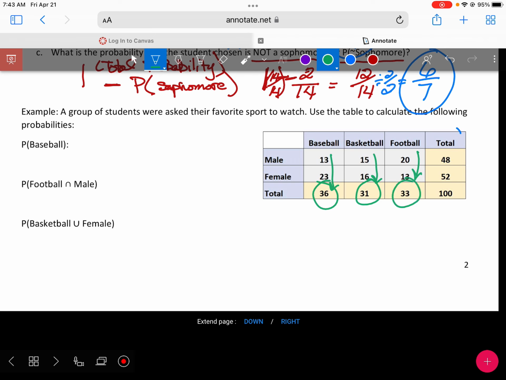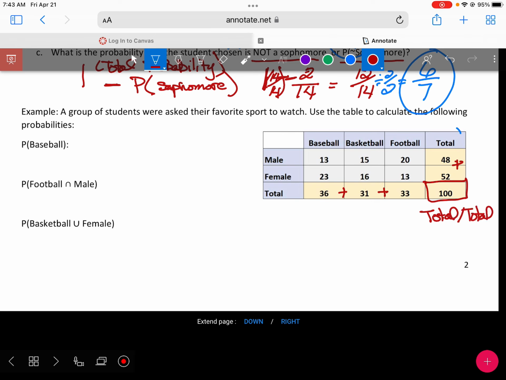And if you look at the total this way, again, it adds up to 100. I call this bottom the total because it should match what we add up here in that last column, and it should match what we add up here in the last row. So this is the total.